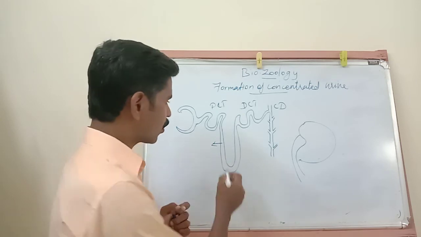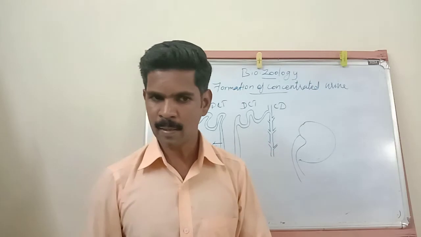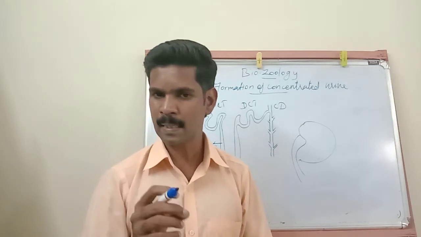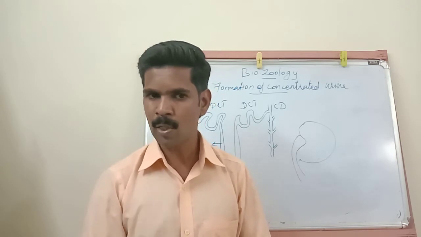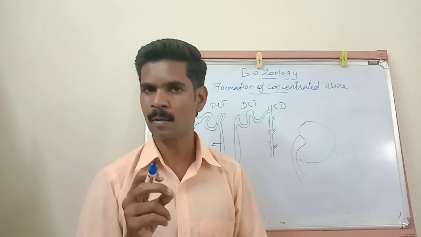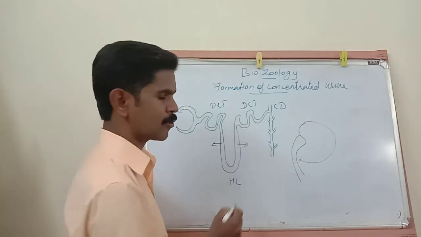Now the glomerular filtrate is moving to the ascending limb. When the fluid enters the ascending limb, the solute present in the fluid moves from the lumen to the interstitial tissue space.